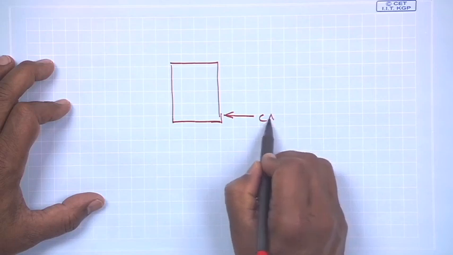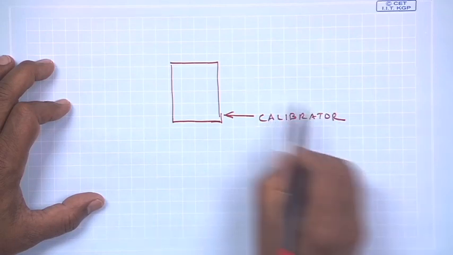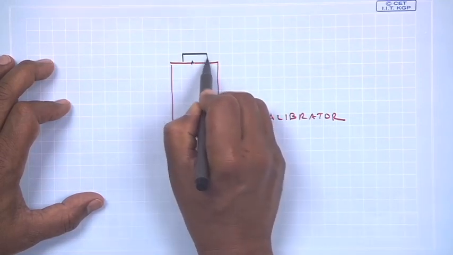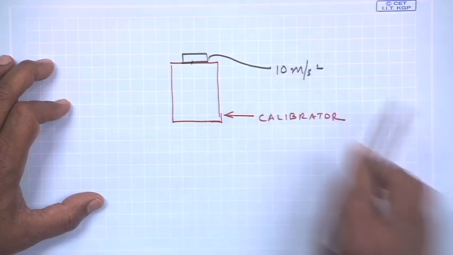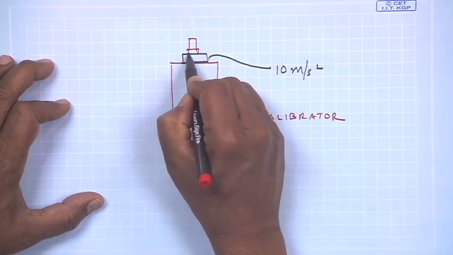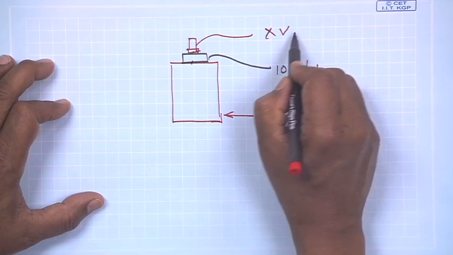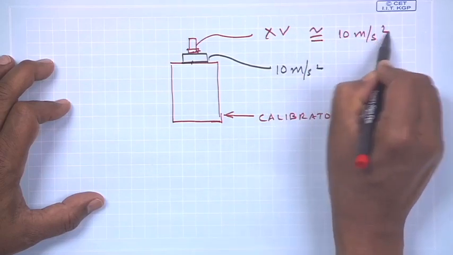This is a calibrator which gives right here on this platform a value of 10 meters per second square. So, for any accelerometer which I use to measure the vibration, whatever X volts it gives, I know this X volts corresponds to 10 meters per second square.